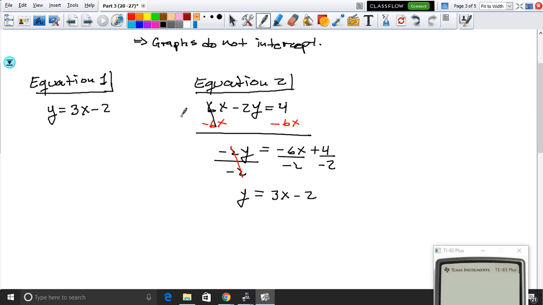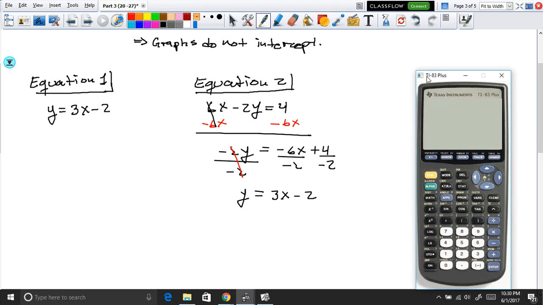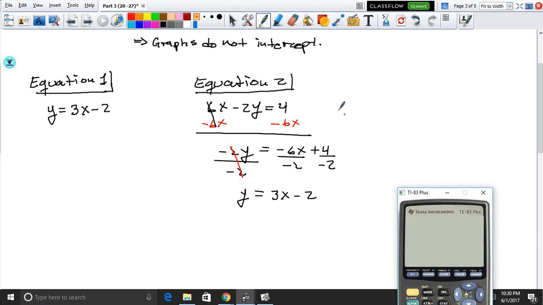But notice what's happening here. The first equation is written like this, and the second equation, even though it looks different, when you solve for y, it's exactly the same as the first equation. So if you graph both equations, you will see that they're going to overlap. It's going to be one line. This is just a general case.